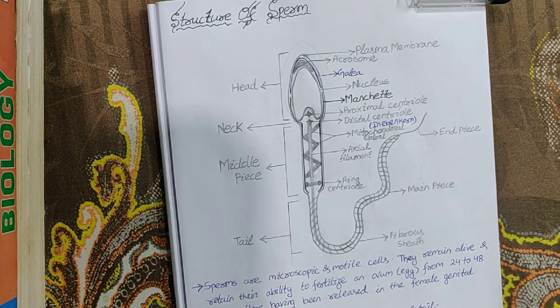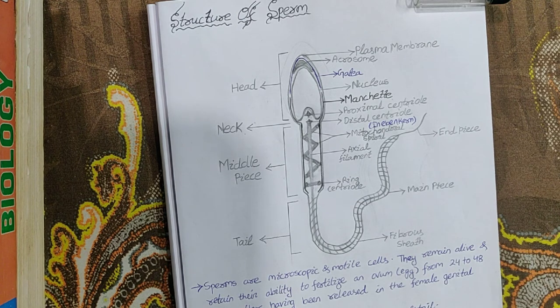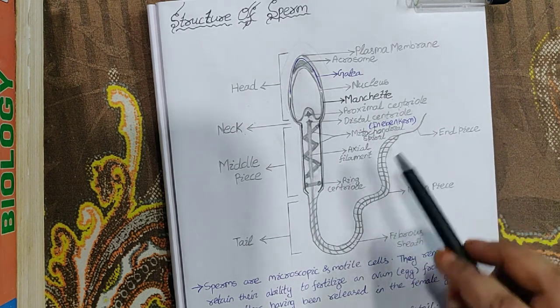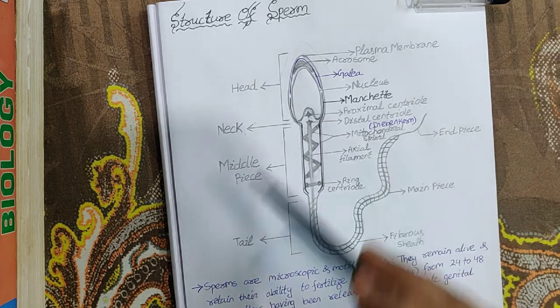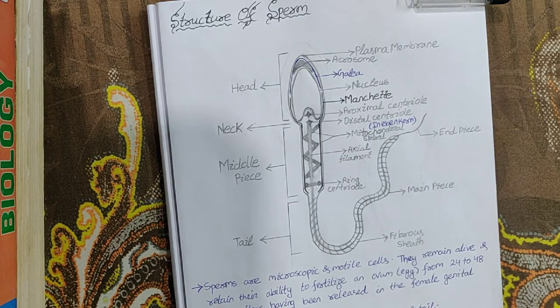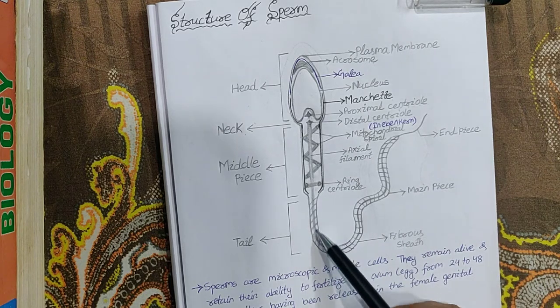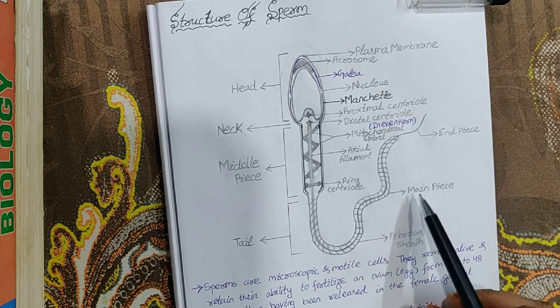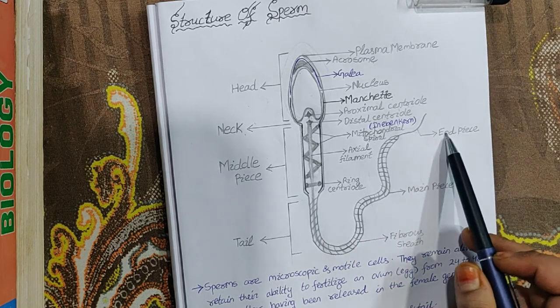Next, we'll come to the third part of the sperm, that is your tail. This tail portion is several times longer than the head portion. The tail consists of two parts, the main piece and the end piece.